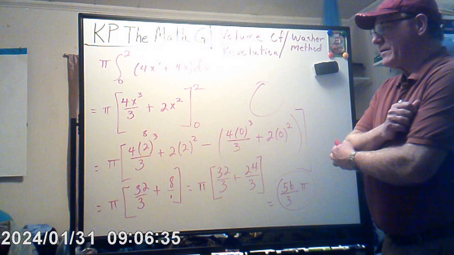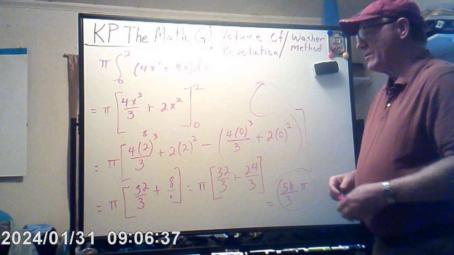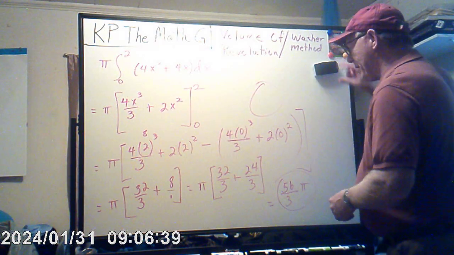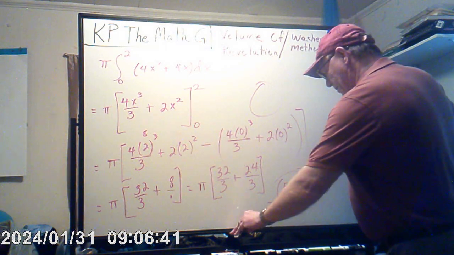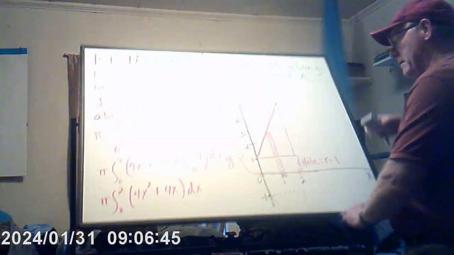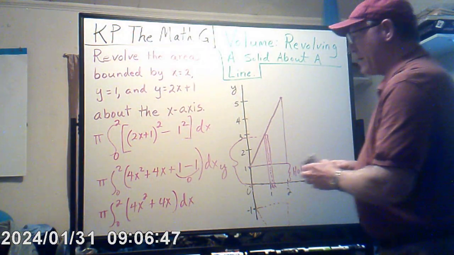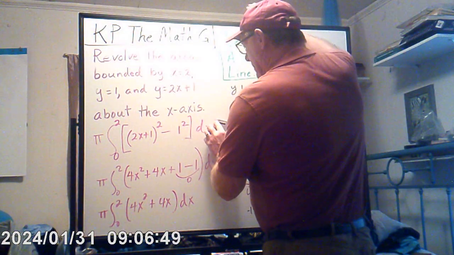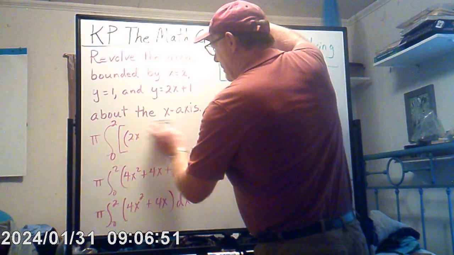Okay, that's that. And I want to just do one more thing before we end the lesson. Let's say that this has been changed. I'm going to erase this part right here.